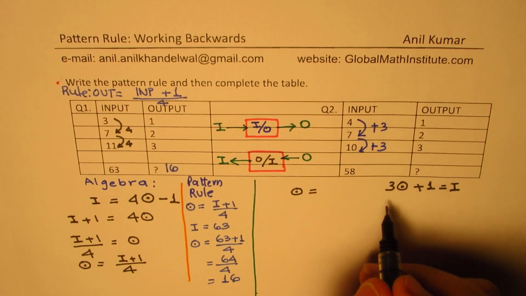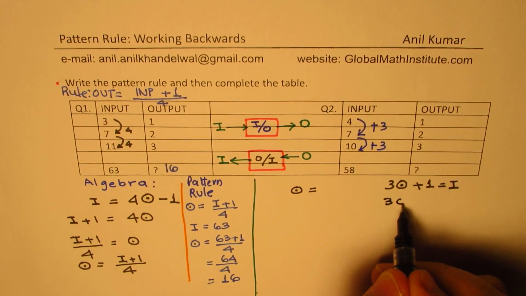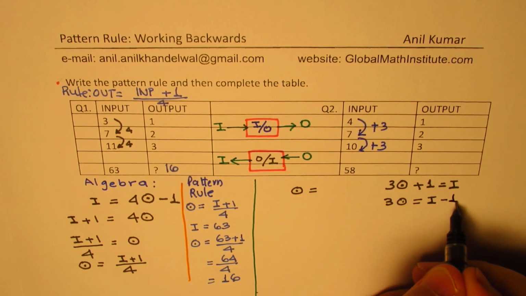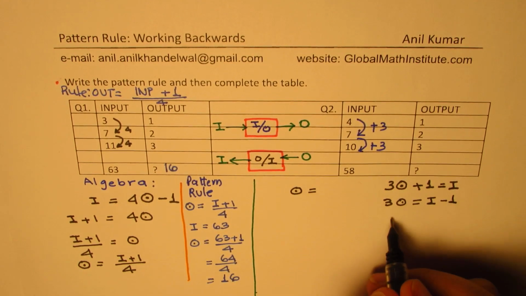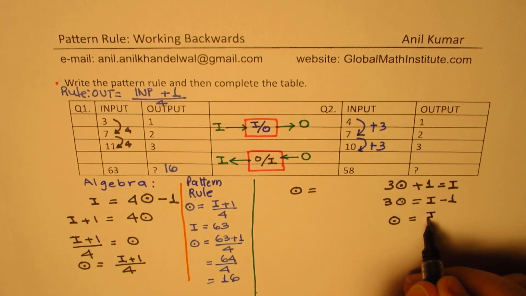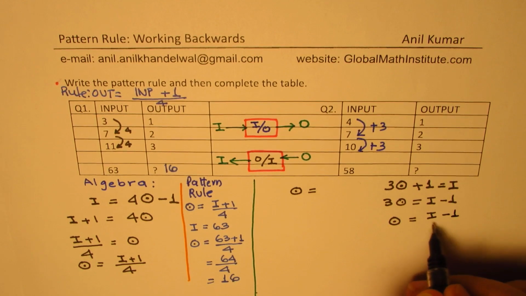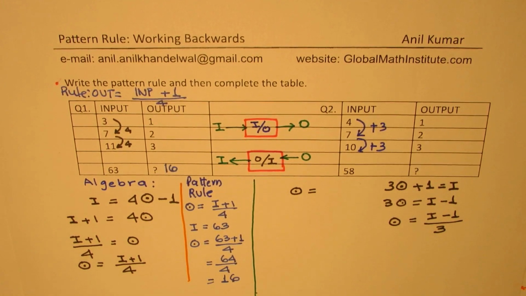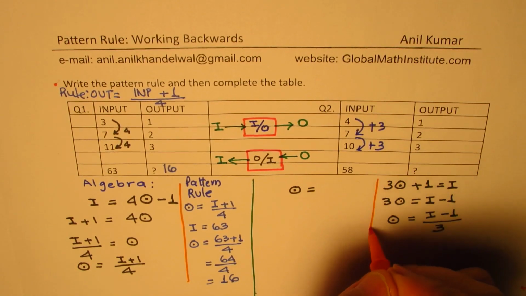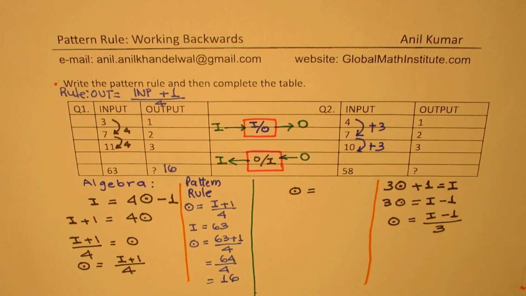Now from here, we can say that 3 times the output is equal to input minus 1. So we are doing algebra to reorganize. And therefore, the output can be written as (input minus 1) divided by 3, right? So that is the rule. So we can now write down the rule which provides you what should be the output for a given input.